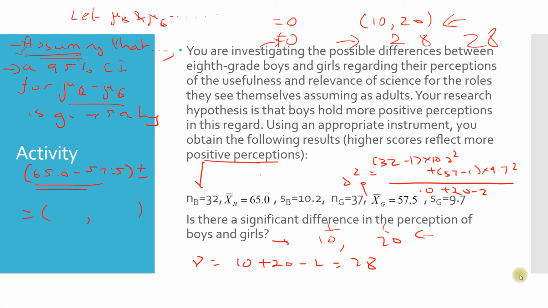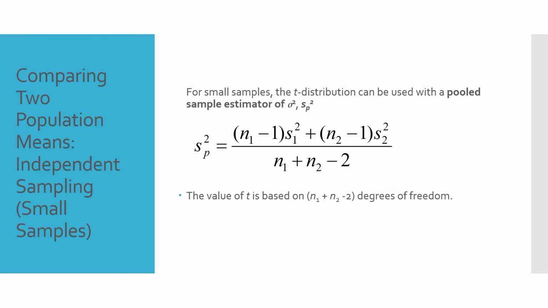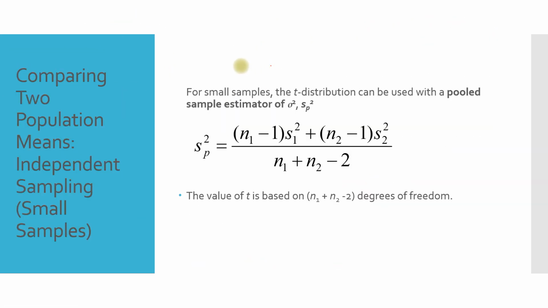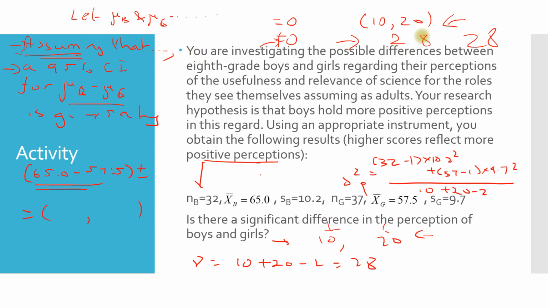Why? Because your degree of freedom here would be 28 plus 28 subtract 2, which is going to be 54. All right. So 56 minus 2, 54.